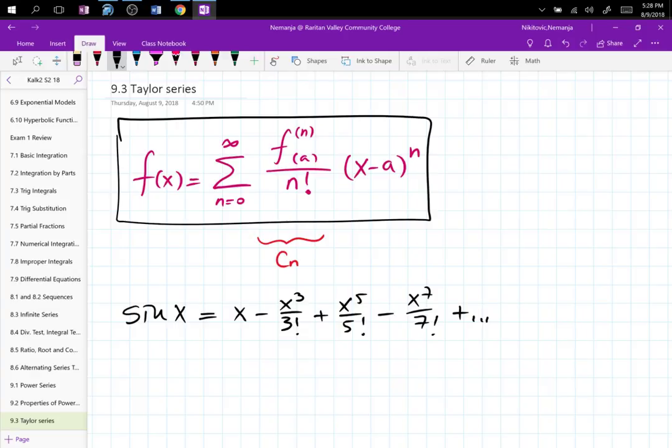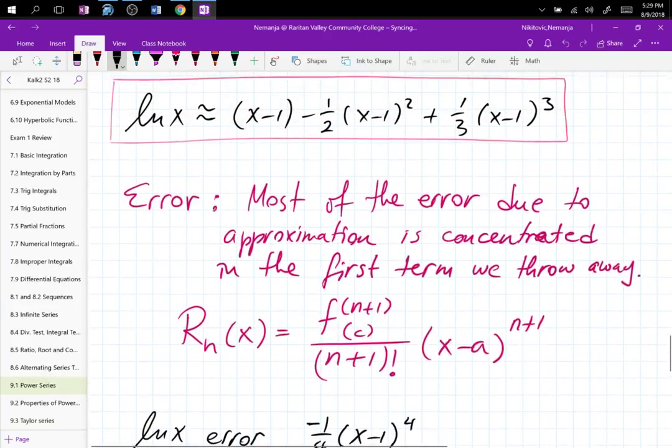We also saw our ln x, right? We also did the ln x expansion last time, if I remember right. And what did we have for ln x?